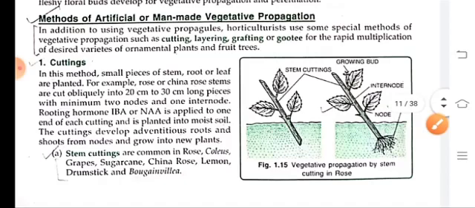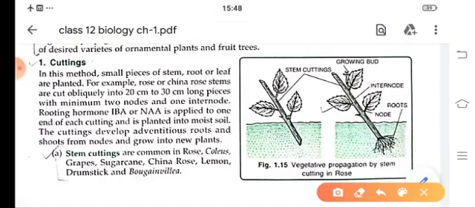So number one is cutting. Now in this method, children, these methods are followed in rose or china rose stems. So in this type of cutting, an oblique cut is done in the stem about 20 centimeters long, and these stems have at least 2 nodes and 1 internode. Now rooting hormones are introduced at the end of each cutting, and then it is planted into moist soil.